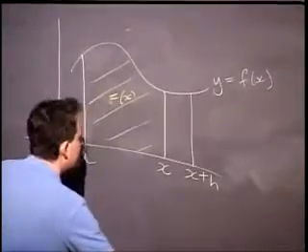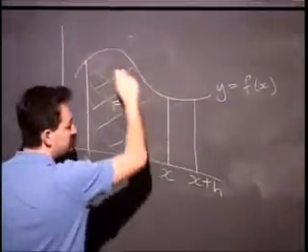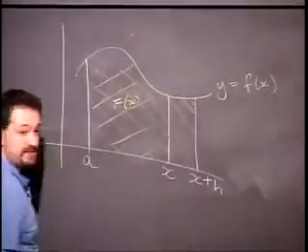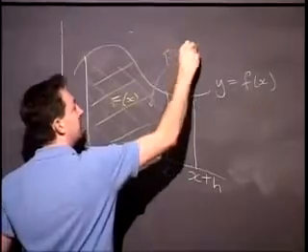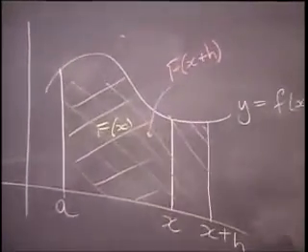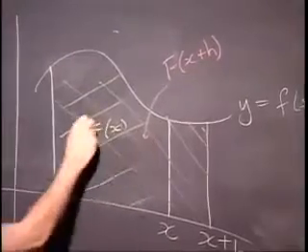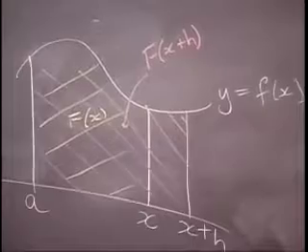Whereas in the pink, if I go all the way up to x plus h, that area is F of x plus h. And what I'm interested in is the difference between the two. I want the pink area minus the green or yellow, whatever color it looks like.